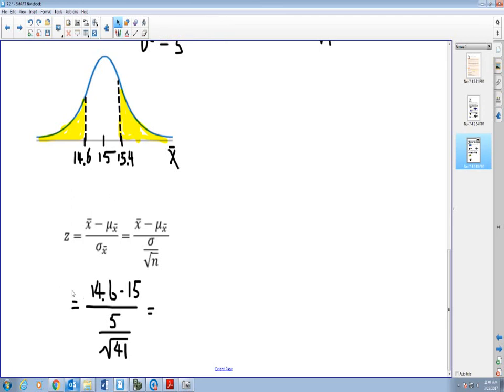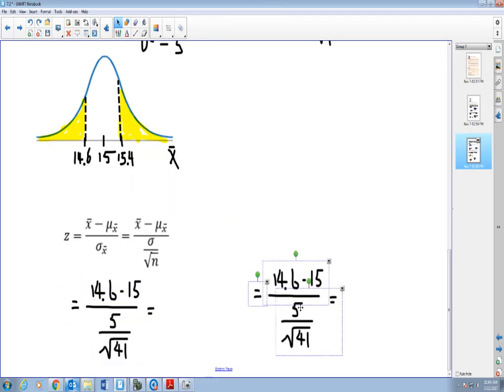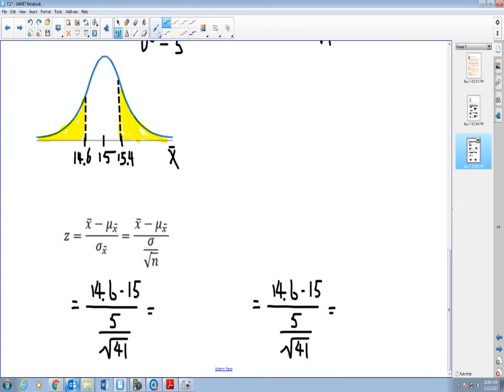Alright, so the other side will just be the 15.4, okay, minus the 15. So differ by 0.4 means to the right or to the left of that true mean by 0.4 distance.